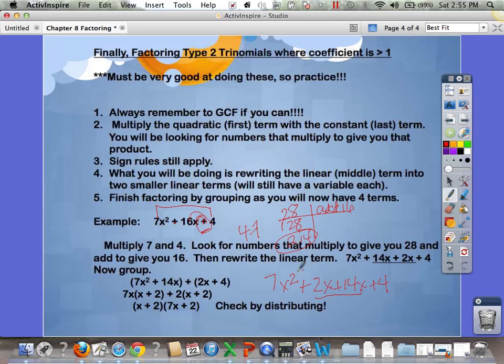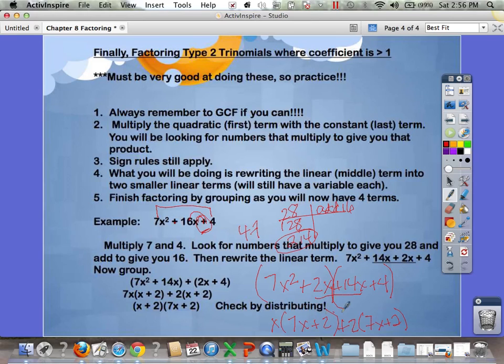And now we do grouping, which we take the first two terms and the second two terms and GCF. So what is in common between 7x squared plus 2x? Well, the only thing that's in common is an x. So that comes out, and you're left with 7x plus 2. What's in common between 14x and 4? Well, the only thing that's in common is a positive 2, which leaves us 7x plus 2.